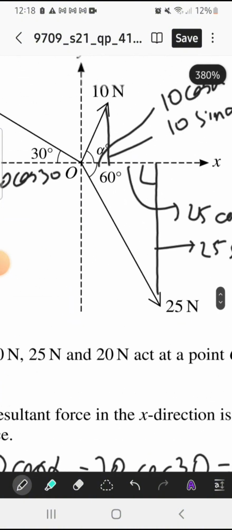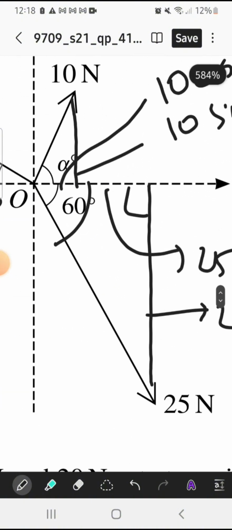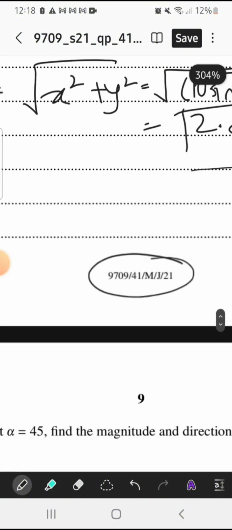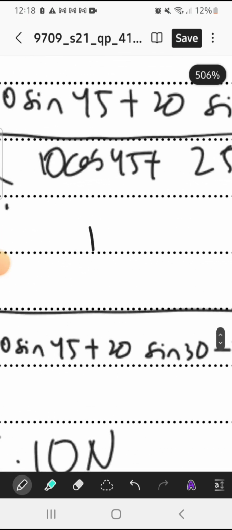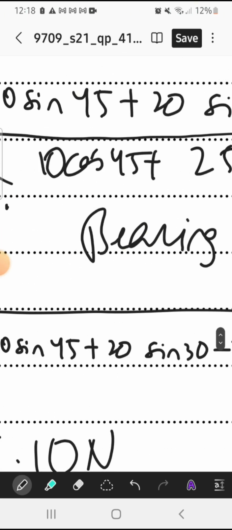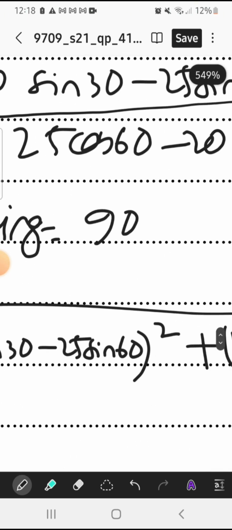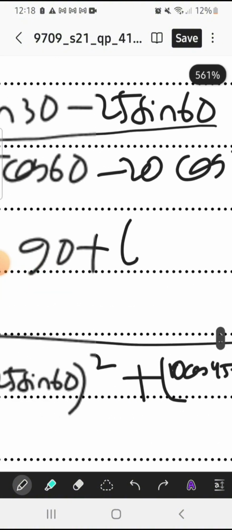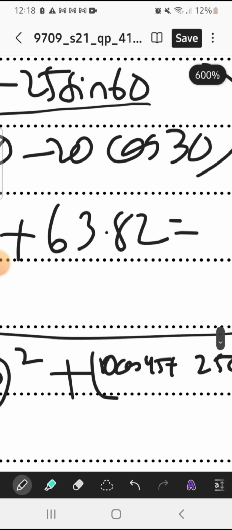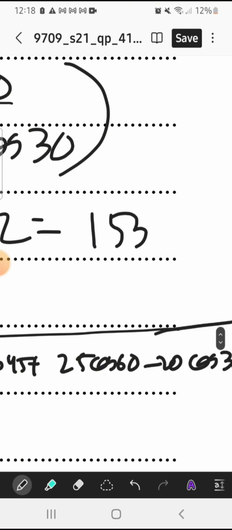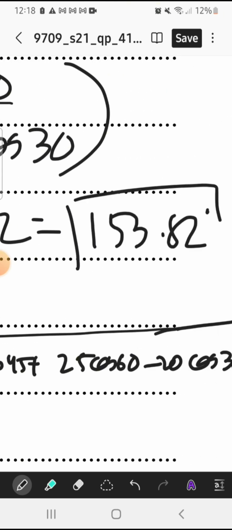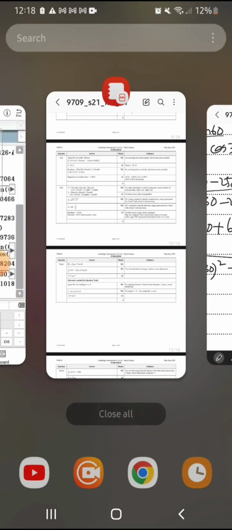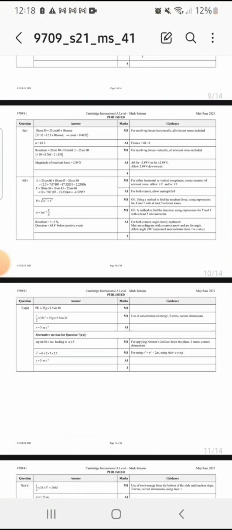So I'm just going to do it in bearing form, which is much easier. The bearing is going to be 90 plus 63.82, which is 153.82 degrees bearing.